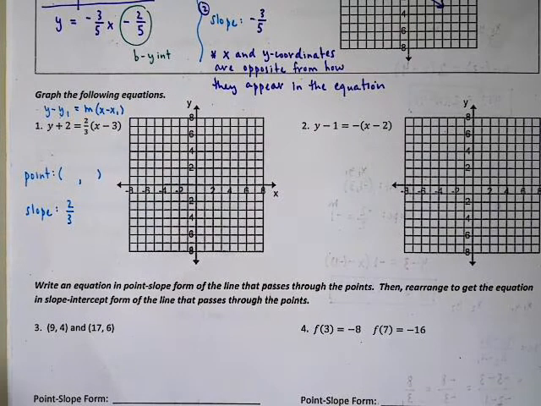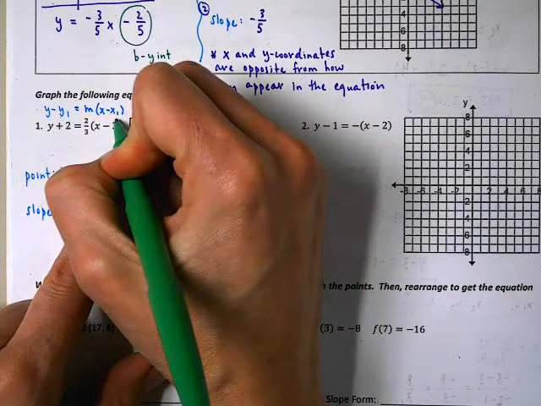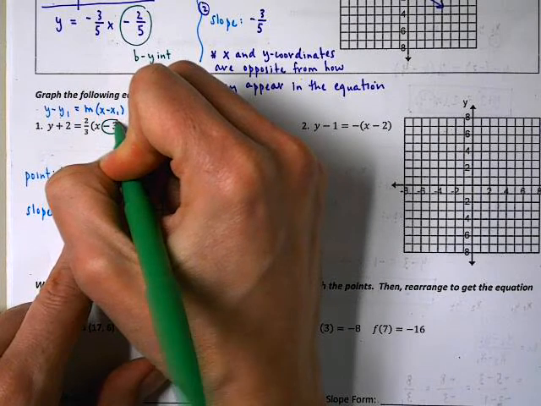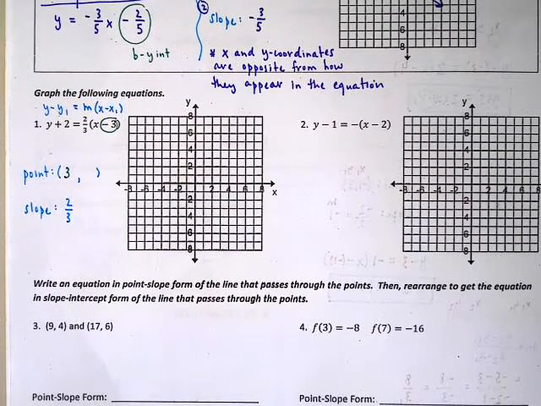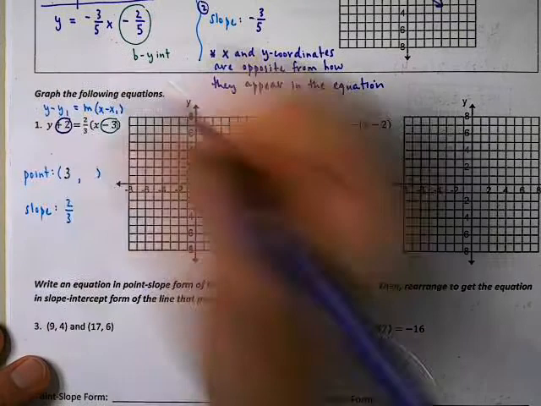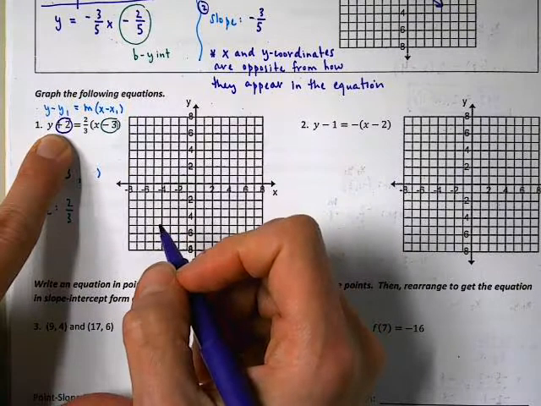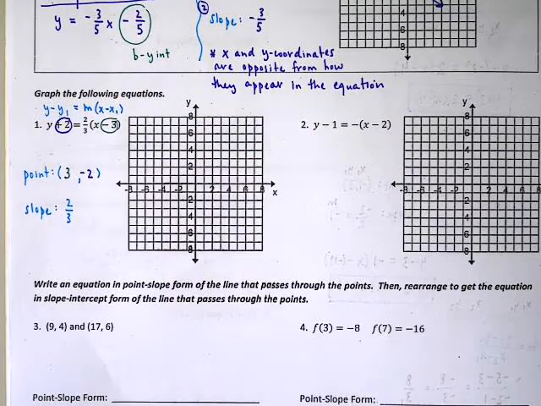My point, well, the x-coordinate is going to come from here. Now, this looks like a negative 3, which means my point is going to have an x-coordinate of positive 3. My y is going to come from here. This looks like a positive 2, which means my y-coordinate is a negative 2.